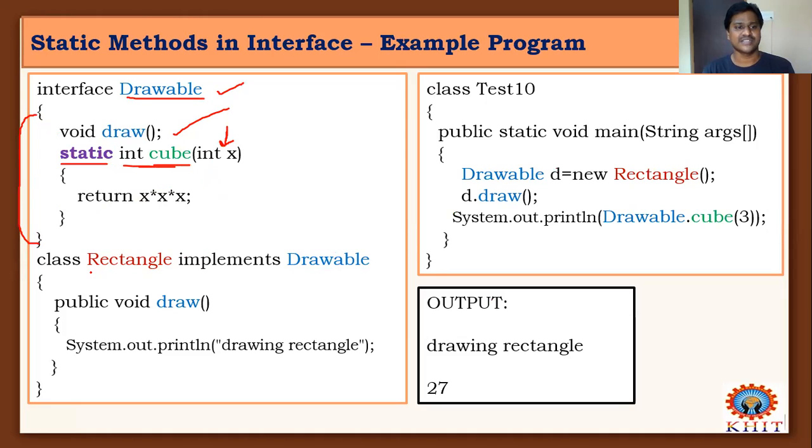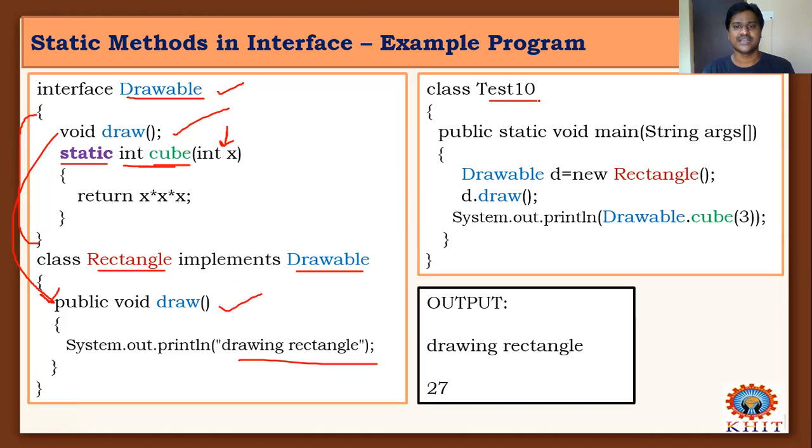And coming to the class which implements this Drawable interface, that is called Rectangle. The abstract method must and should be implemented, and we know this one. Drawable, Rectangle implemented, this method implemented, right?